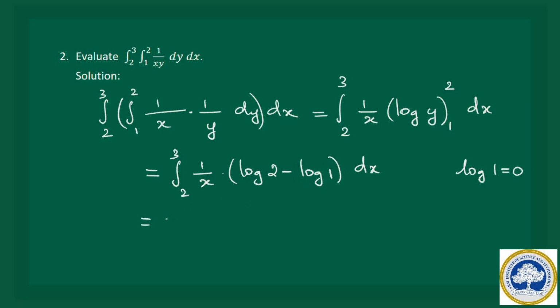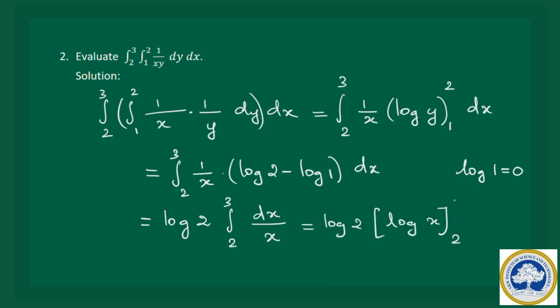Since log 2 is constant, we can write log 2 outside the integral, and then integral 2 to 3 we are left with dx by x. Again, what is the integral of dx by x? Log x, and the limit values are 2 to 3. Now we can apply the limit. So this is equal to log 3 minus log 2.